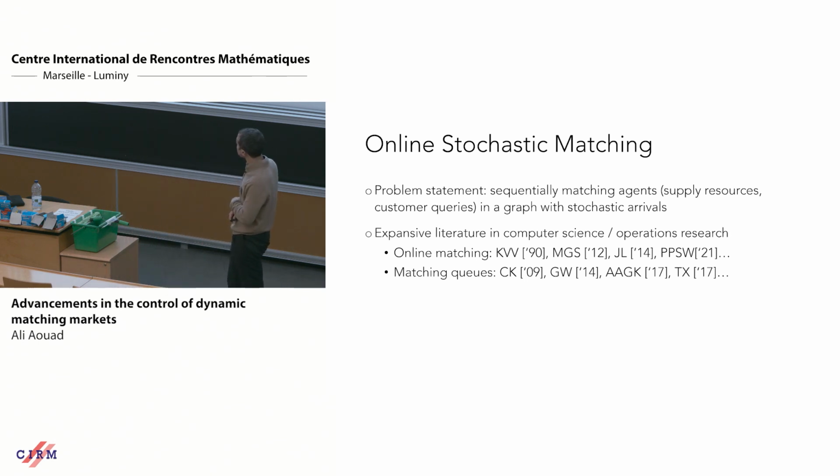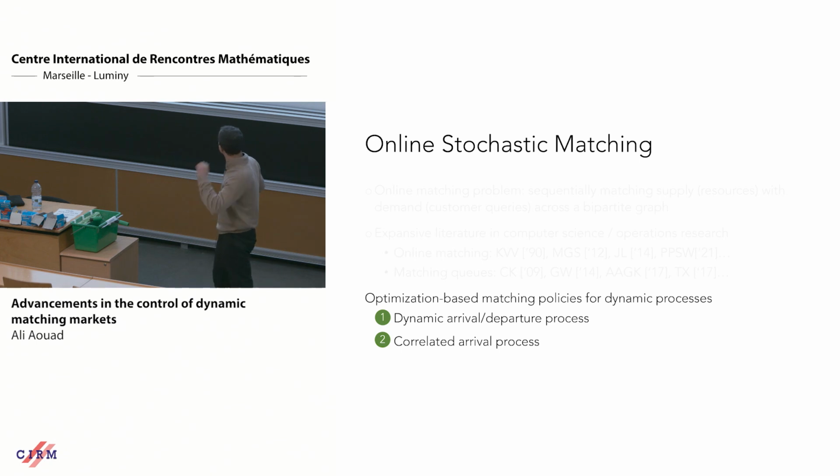I would call it the matching queues literature, where the focus is not so much on competitive analysis, but on positing some relatively simple matching policies and then trying to understand how they behave in rather complex stochastic systems. And so today I'll talk about how to find a juncture between these literatures in thinking of using optimization-based matching policies in dynamic stochastic processes that describe the arrivals to the market.